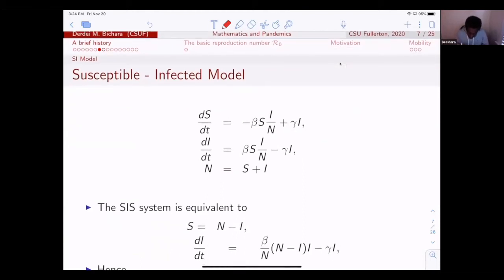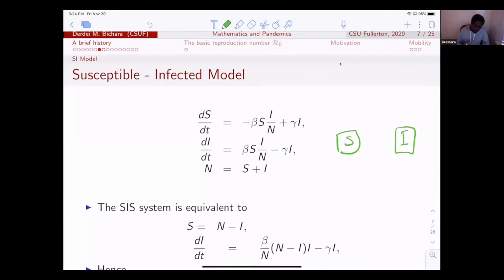So we have S and we have I. They divided the population into two categories: people who are healthy and those who are infected.